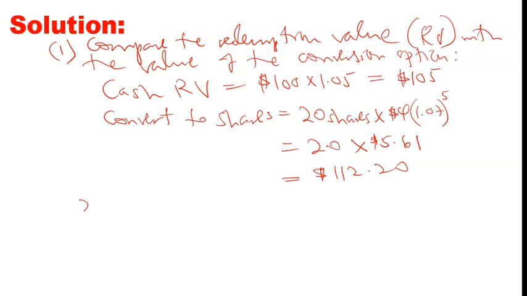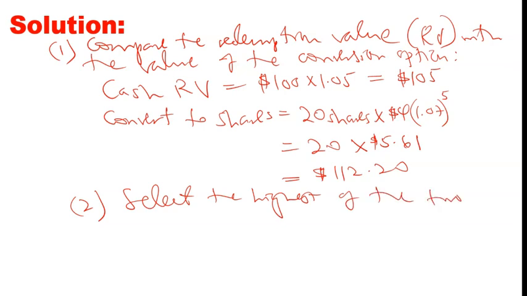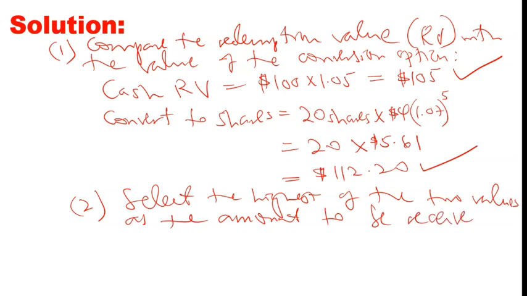So the second step now is we need to select the highest of the two values, that was 105 and 112, as the amount to be received in year n.